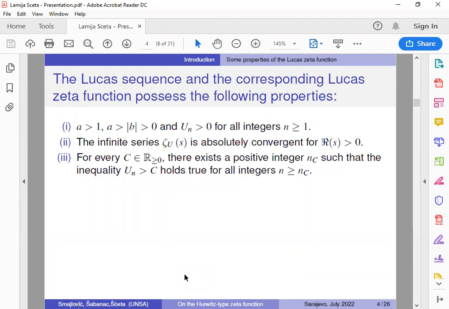It's easy to prove that the Lucas sequence and the corresponding Lucas zeta function possess these three properties. The first two properties can be easily derived from Kamano's work, and the third follows from the fact that u sub n tends to infinity when n tends to infinity.